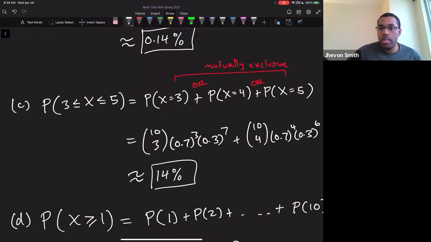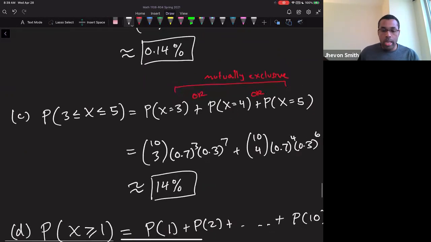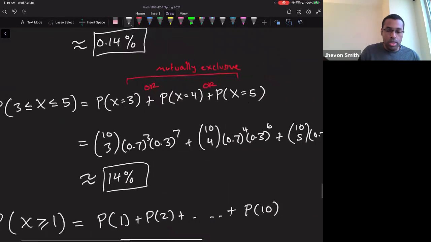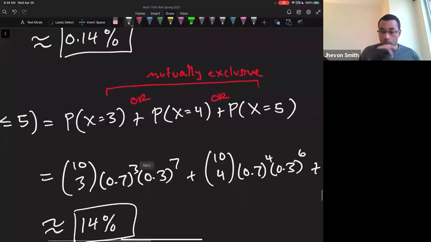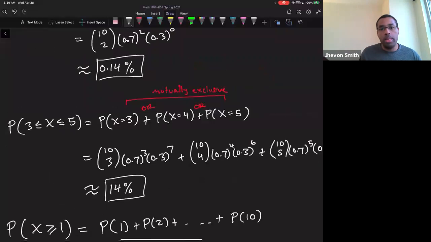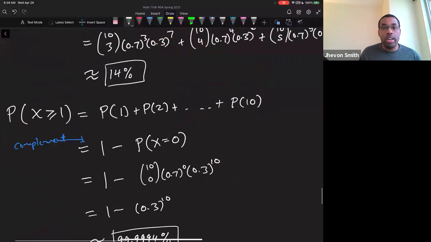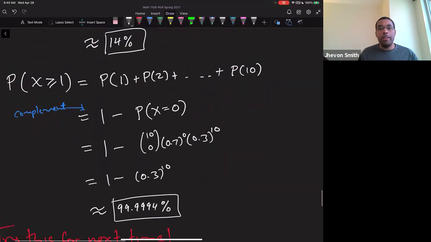That's about 14% using that formula, where we break up between 3 and 5 into 3 separate instances that of course don't overlap, because if he made 3, then he would not have made 4 or 5. So they're mutually exclusive, and we can add the probabilities. Probability that he will make greater than 1, that was actually pretty high.